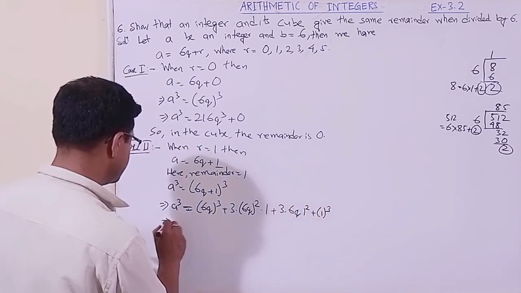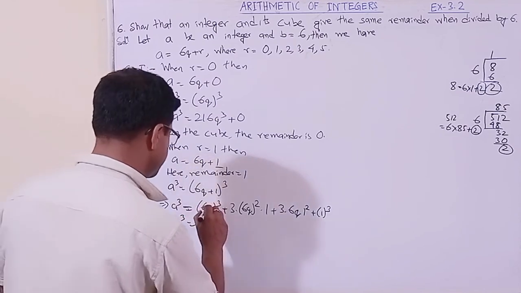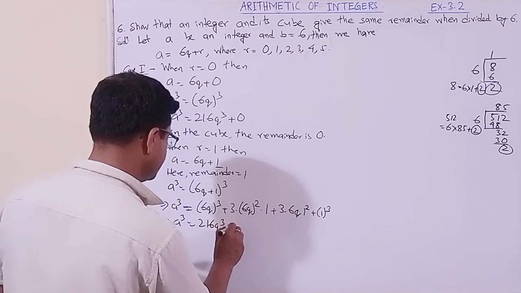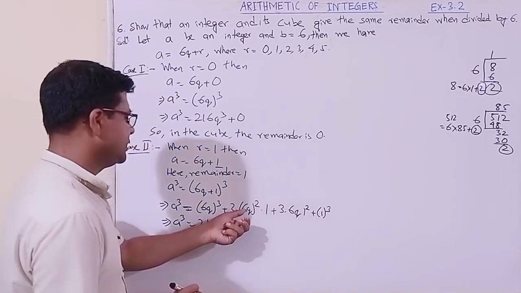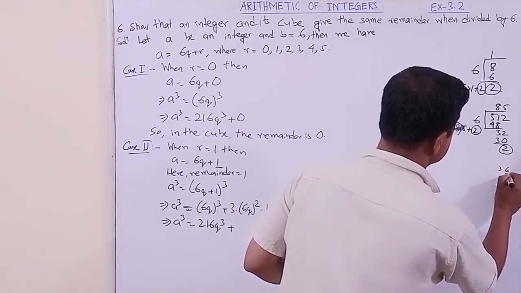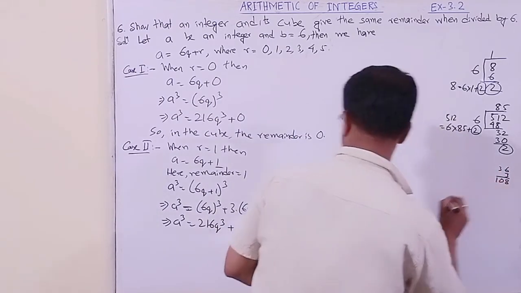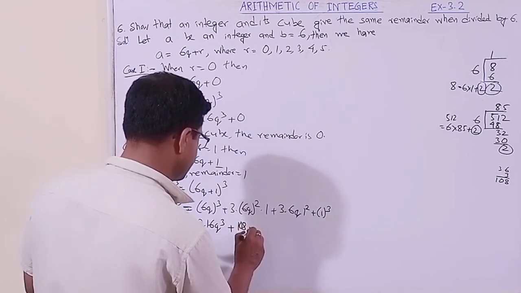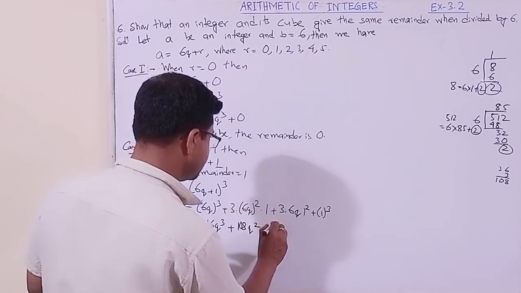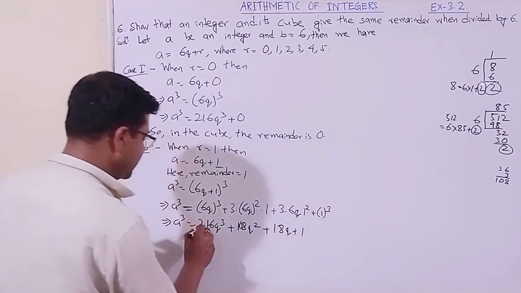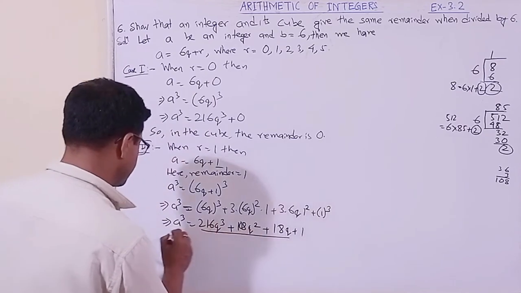So a cube is 6 cube q cube, which is 216 q cube; 6 square is 36, into 3 is 108 q square; plus 3 times 6 is 18 q plus 1.